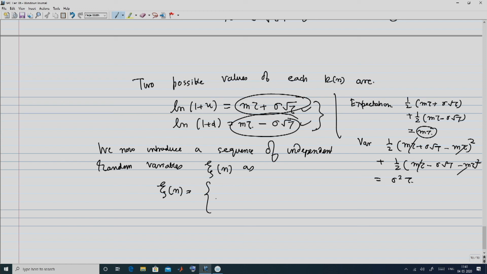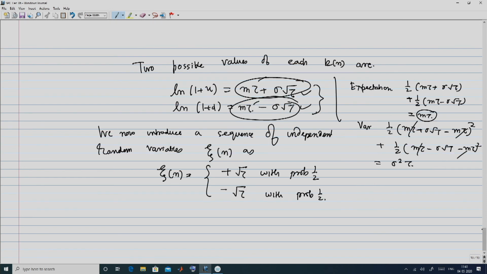Xi of n, I will define this to be plus square root of tau with probability half. This is motivated by the fact that this term and this term differ only by a sign, and this will be minus square root of tau with probability half.